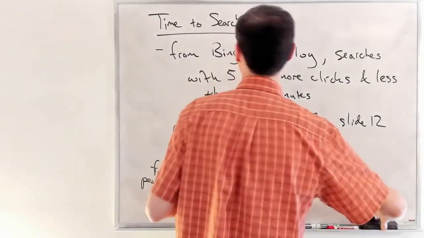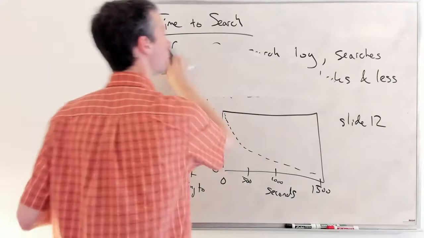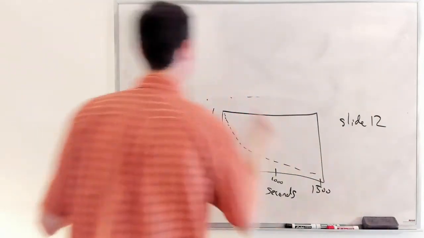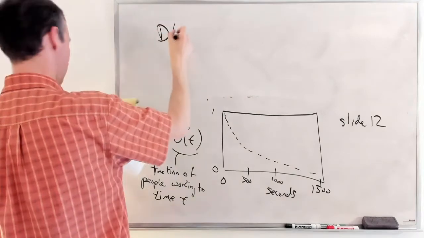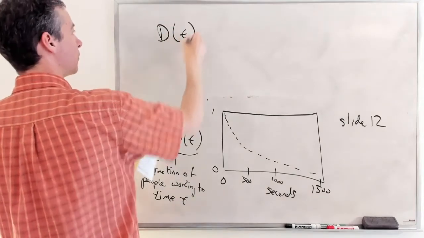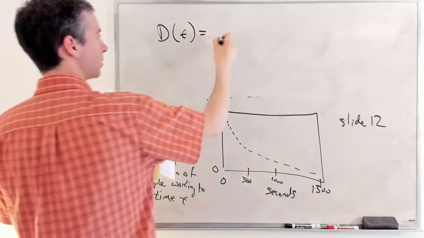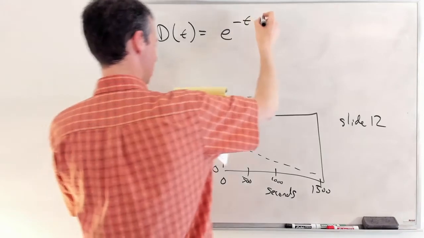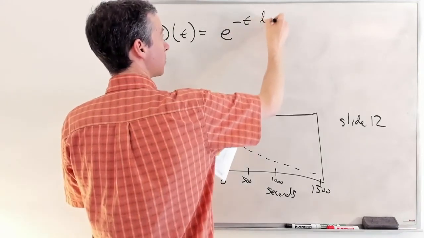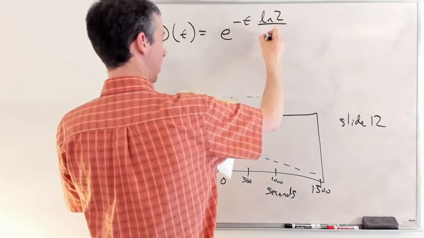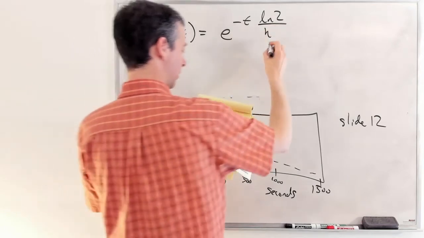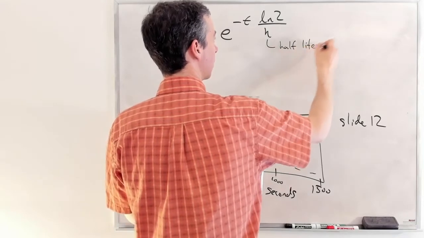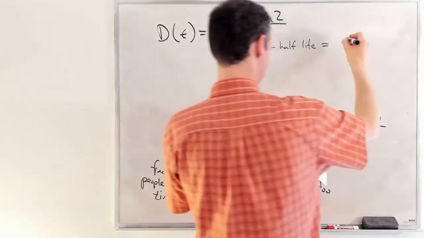So we can determine this decay function, or a survival function, so to speak, of the fraction of people that are still searching at a given time, with e to the minus t times the natural logarithm of 2 divided by h, where t is time in seconds and h is the half-life, which was equal to 224 seconds.